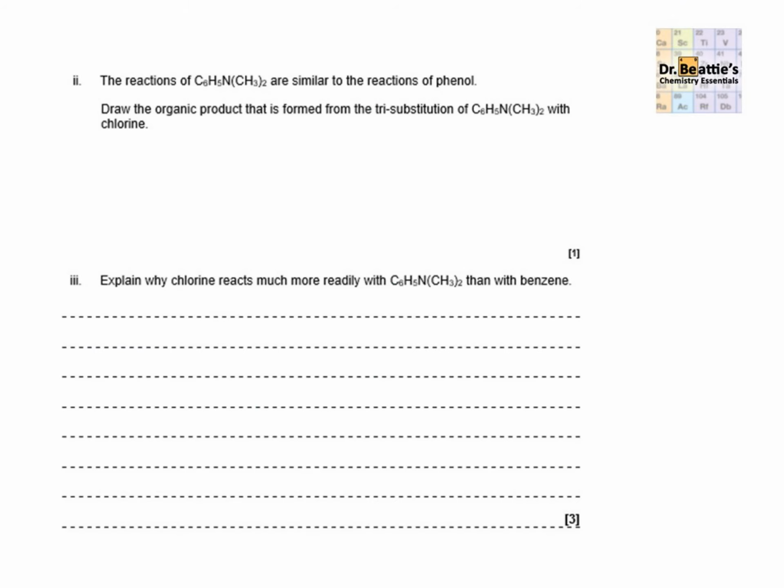Now, just one more exam question to bring some of all this together. Pause the video here and have a go at this one. Okay, so there is information within this question to help you answer it. First of all, it's telling you that the reactions of this aromatic amine, you can see it's aromatic because of the formula, and this is the amine group on it, are similar to the reactions of phenol.